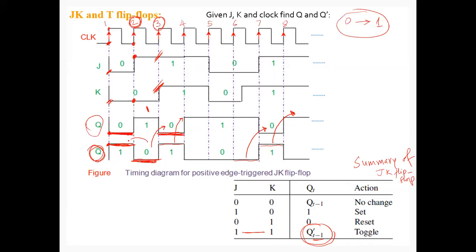You cannot go 2 steps behind. Just one step behind, just before it. What is your Q bar just before it? It is this guy, which is low. That's why the low goes in here.